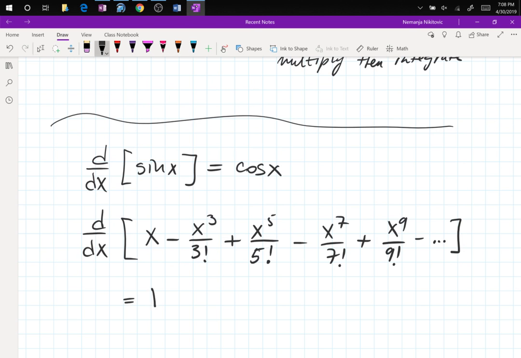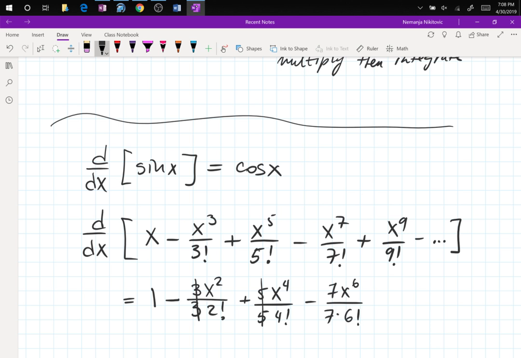Derivative of x is 1, minus the derivative of x cubed is 3x squared over 3 times 2 factorial. The 3's cancel. Plus 5x to the 4 over 5 factorial; peel off the 5, leave the 4 factorial there. Boom. Cancel. Minus 7x to the 6 over 7 times 6 factorial. Cancel. Plus 9x to the 8 over 9 times 8 factorial.